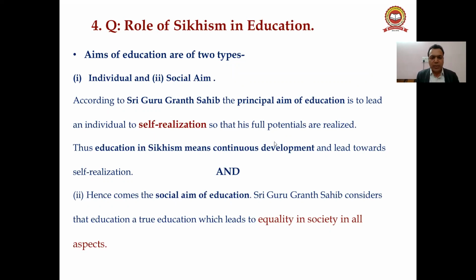According to the social aim, Sikhism philosophy considers that there should be equality in society. Education should be such that there is equality in society, because this philosophy believes that we are all brothers and sisters on this planet. So there should be equality in society. So these things you have to write under this question.